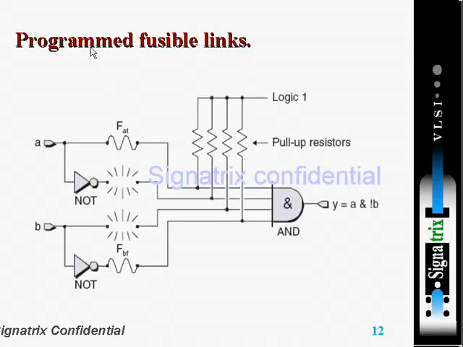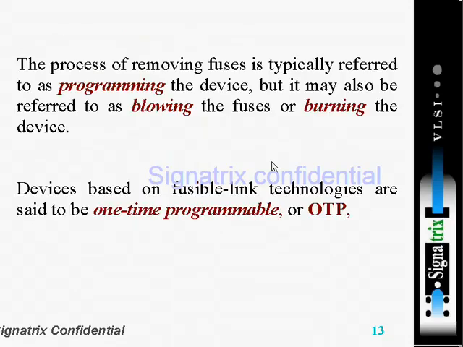Now next is the programmed fusible link. See how to program this. As I told you, you have to blow off the fuses. So here they are blowing off and programming. This is what you are saying when you program your FPGAs. Now the process of removing the fuses is typically referred to as programming the devices, but it may also be referred to as blowing the fuses or burning the devices.